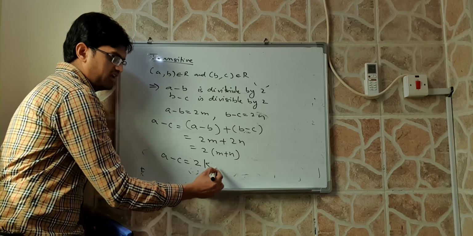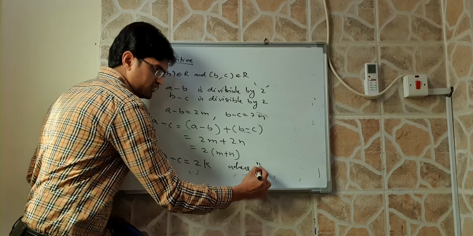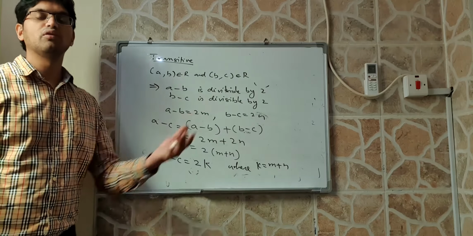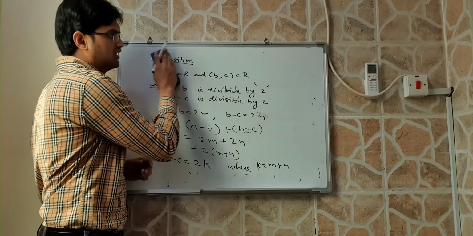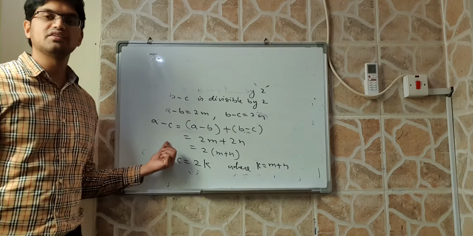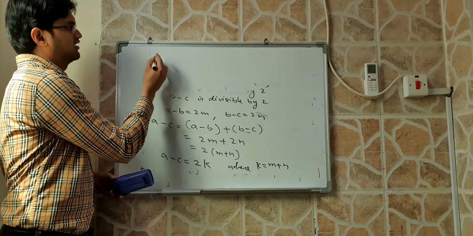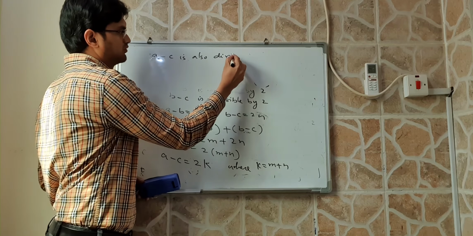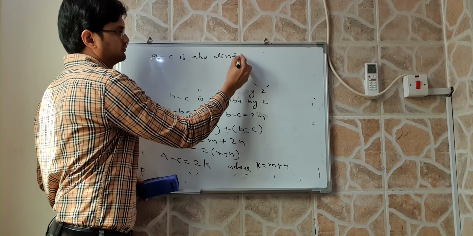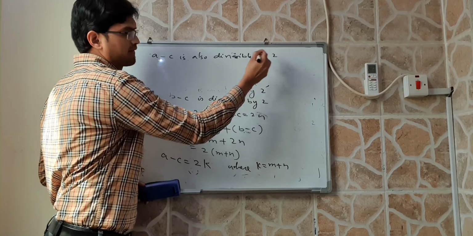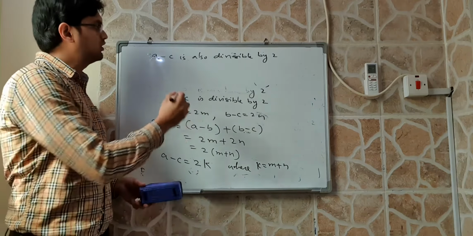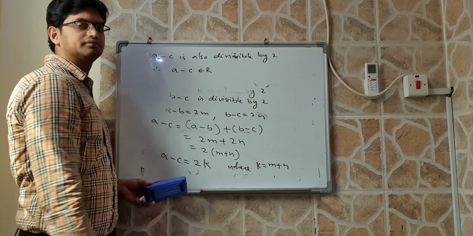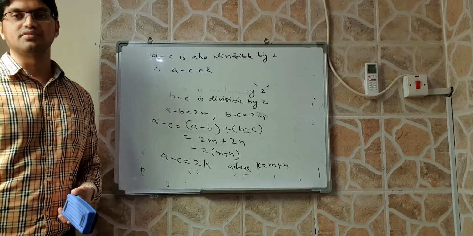If I say k, where k is equal to m plus n, that means a minus c is a multiple of 2. Therefore, I can say that a minus c is also divisible by 2. So what can you conclude? Therefore, (a, c) belongs to R, and hence R is transitive.